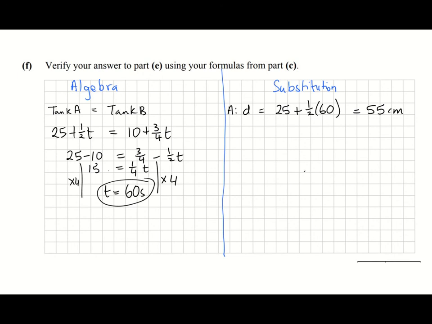And again, for tank B, it's 10 plus 3/4 of 60. And again, you get 55 centimeters. So 60 seconds is the time when it is 55 centimeters depth. So either of those, that was 5 marks.